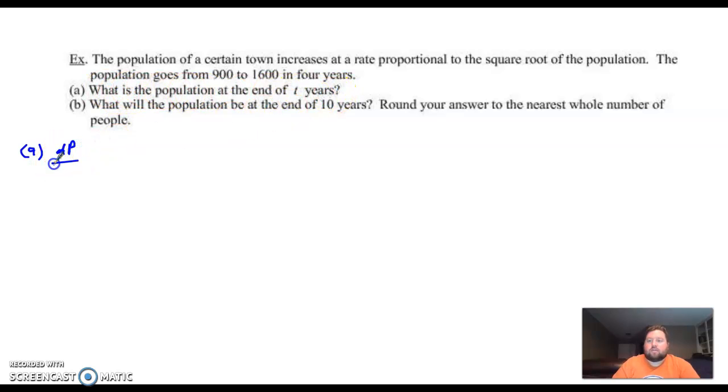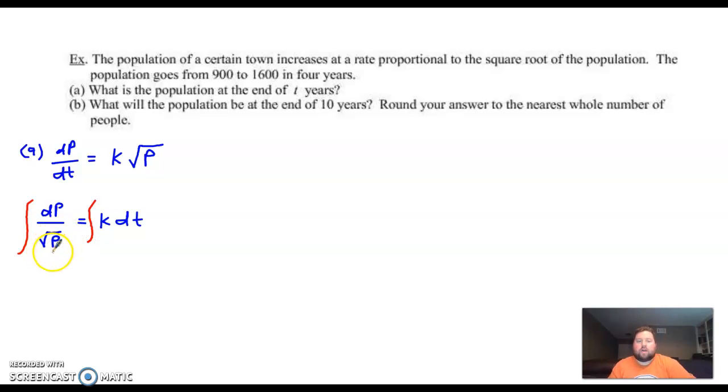So dp over dt, that's our population rate, is equal to k times the square root of the population. So divide by the square root and multiply by the dt. Time to integrate. All right, this time we do not get a natural log.